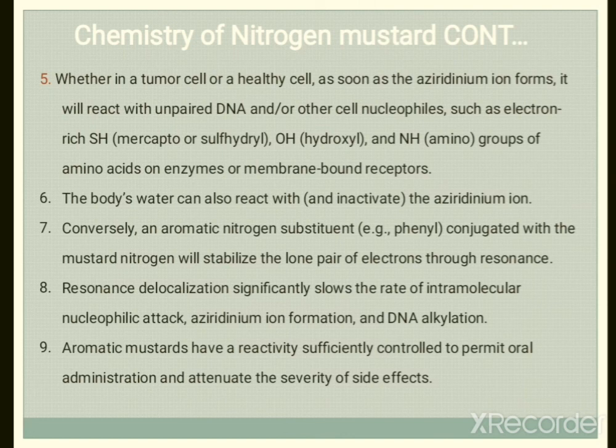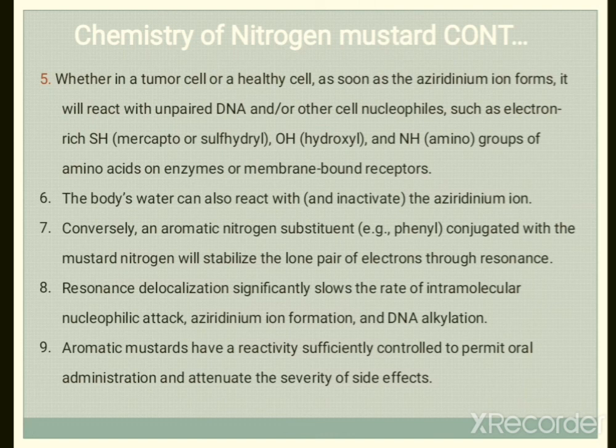Conversely, an aromatic ring substituent, for example phenyl, conjugates with the mustard nitrogen and stabilizes the lone pair of electrons through resonance. This resonance delocalization significantly slows the rate of intramolecular nucleophilic attack, aziridinium ion formation and DNA alkylation.